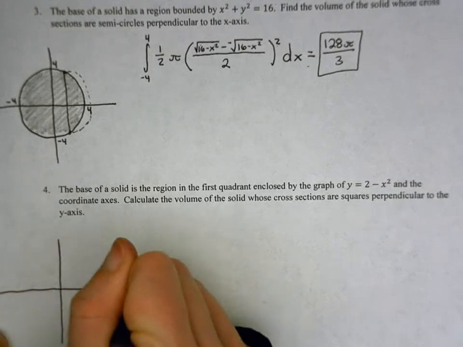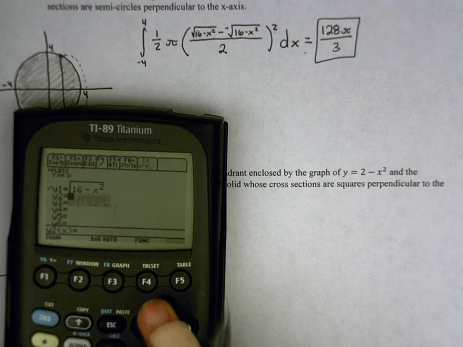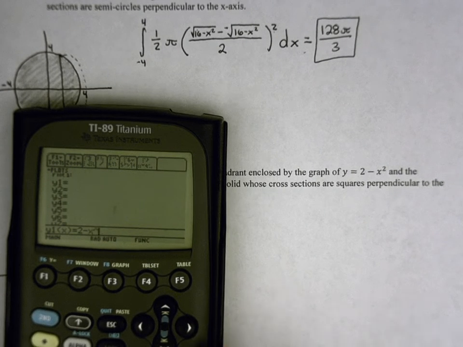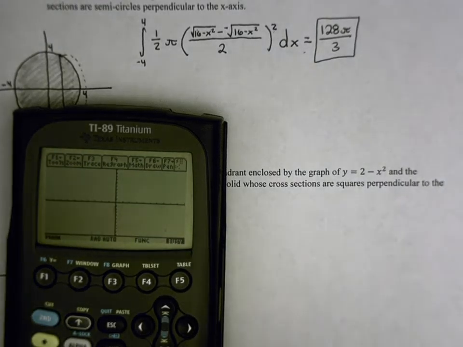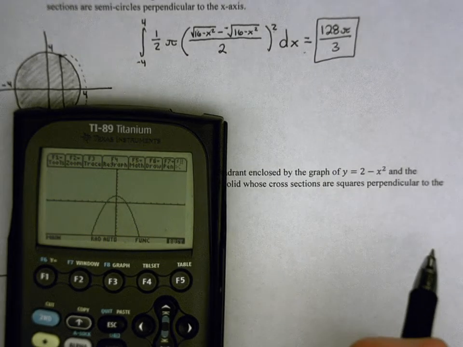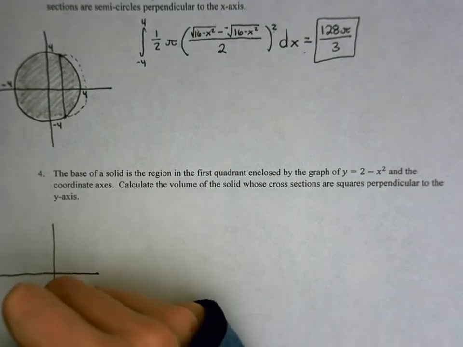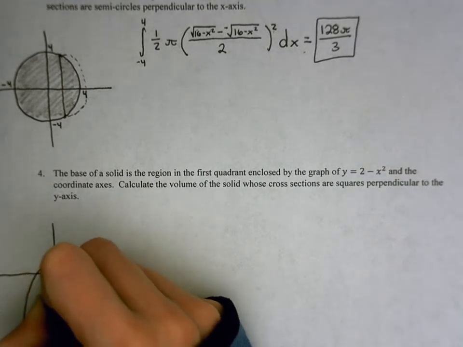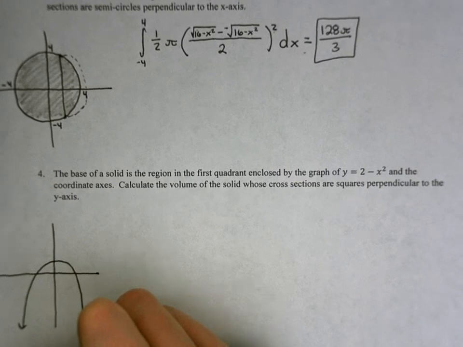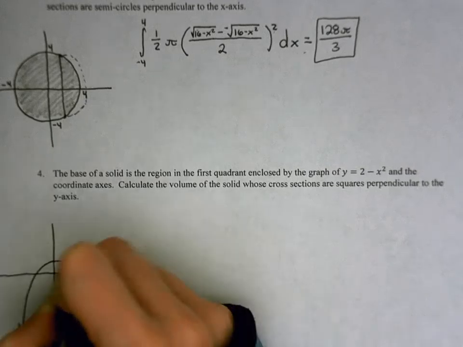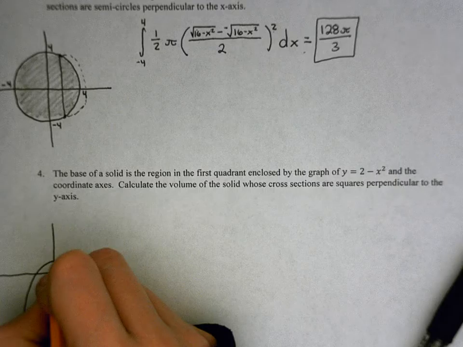Y equals 2 minus x squared is a quadratic, and the coordinate axes. And then it's in the first quadrant, so this is my shaded region here.